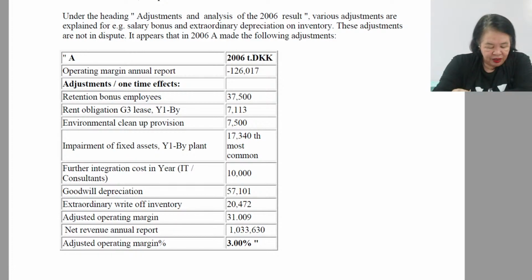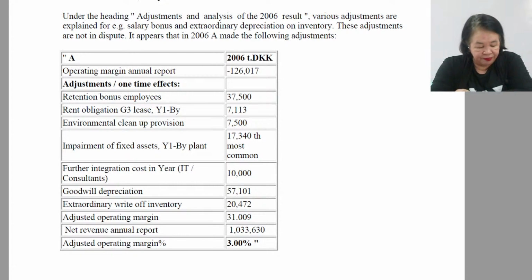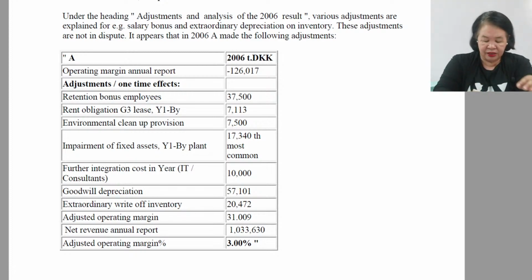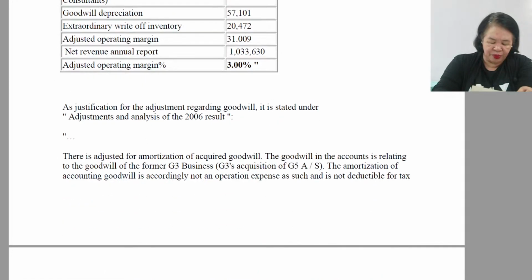No. There is adjusted for amortization of acquired goodwill. Parang dinisallow, no, yung amortization ng goodwill. The goodwill in the accounts is relating to the goodwill of the former G3 business, G3's acquisition of G5AS. The amortization of accounting goodwill is accordingly not an operation expense, as such and is not deductible for tax.